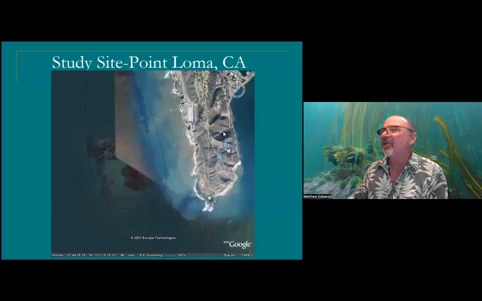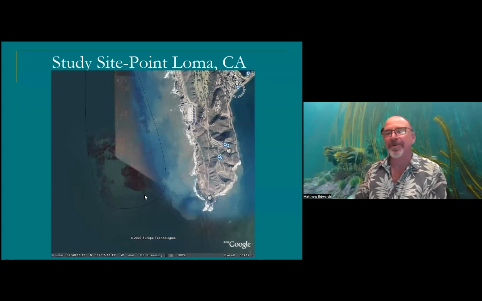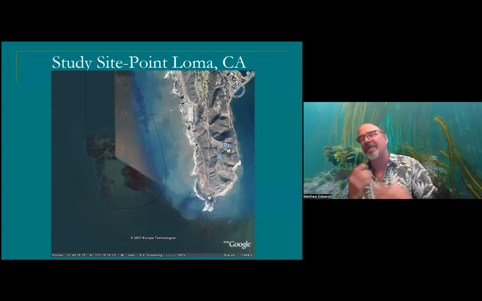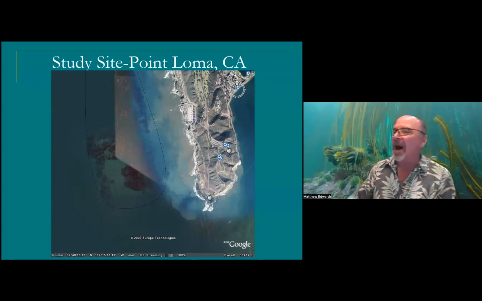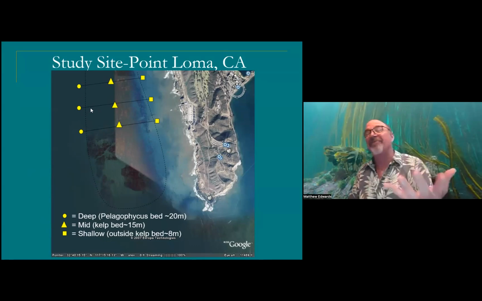And if you look at San Diego, here's Point Loma. This is the Point Loma kelp forest, perhaps one of the best studied kelp forests in the world, thanks to Paul Dayton, Mia Tegner, and the labs out of Scripps. Here, we established 3 transects. These are 1 kilometer long through the forest. We started at the deep end, which is outside of the giant kelp macroscopic forest, where Pelagophycus occurs.